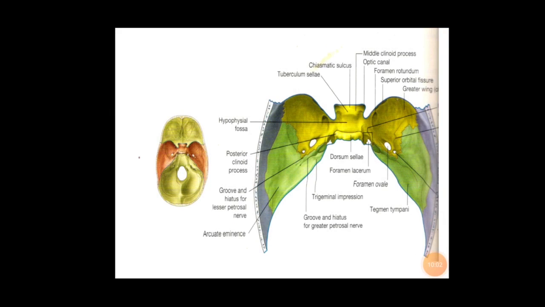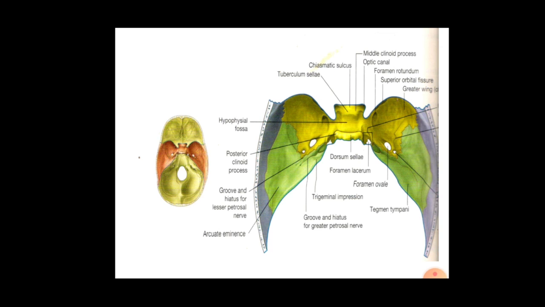So coming to the middle cranial fossa, what are the features that you see in the middle cranial fossa? The middle cranial fossa is at a lower level when compared to the anterior cranial fossa.